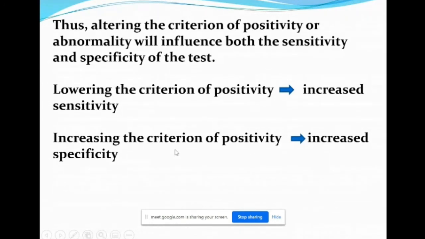While if we increase the criteria of positivity for hypertension, for example if we take the cutoff point as 95 millimeters of mercury diastolic blood pressure, this will lead to detecting all those who are not hypertensive. But at the same time, we are going to increase false negatives, and this will lead to decreased sensitivity.